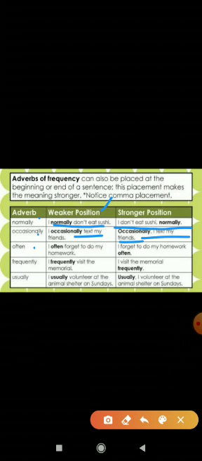Another example is often. I often forget to do my homework. If you say I forget to do my homework often, it gives the adverb of frequency a stronger meaning. Next is frequently. I frequently visit the memorial. Or you could say, I visit the memorial frequently. It gives an accent to the adverb. One more example, usually.